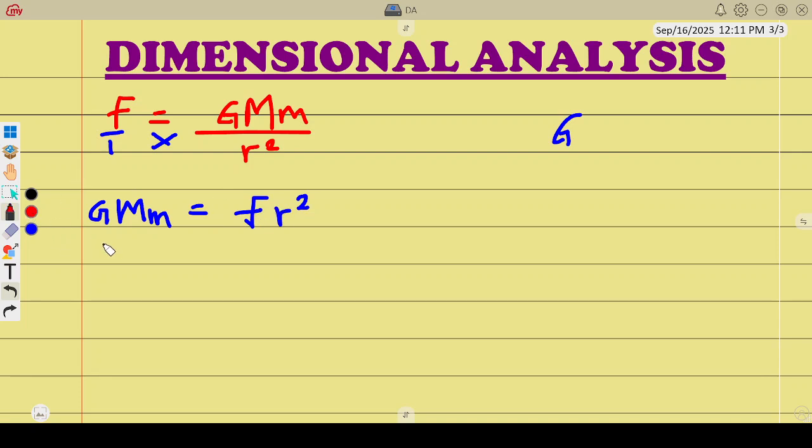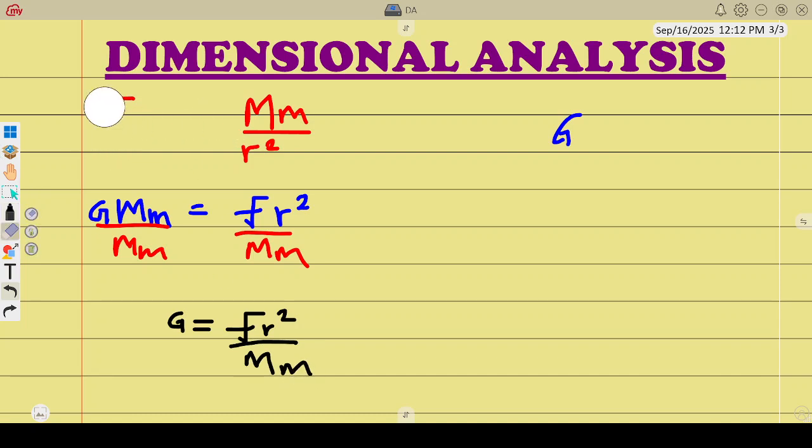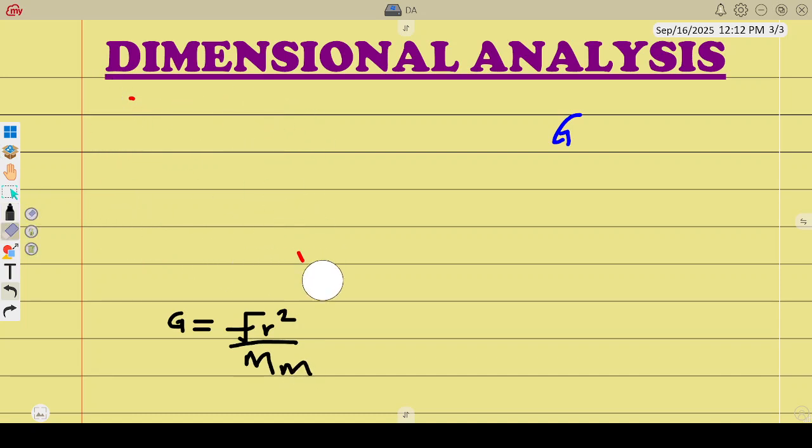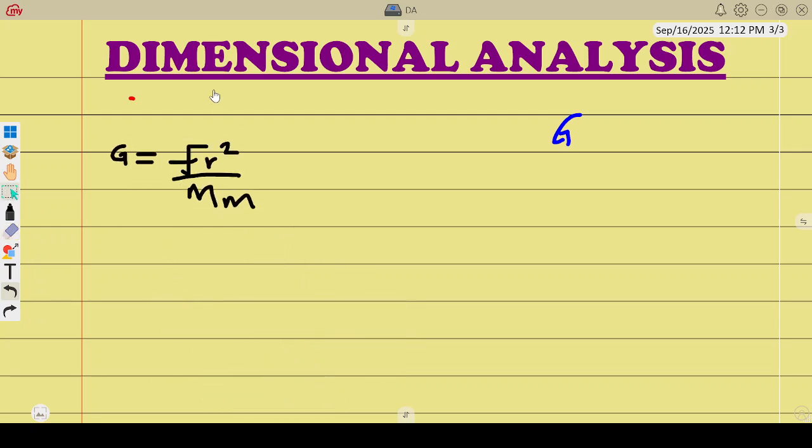And then to remain with G alone, we say over M and M, even here over M and M. So what we get is G is equal to F R squared over M and M. Okay, so at this point now we can find the units for G.